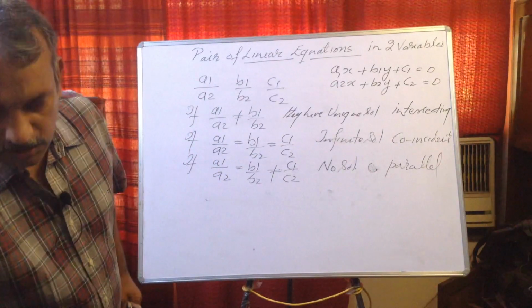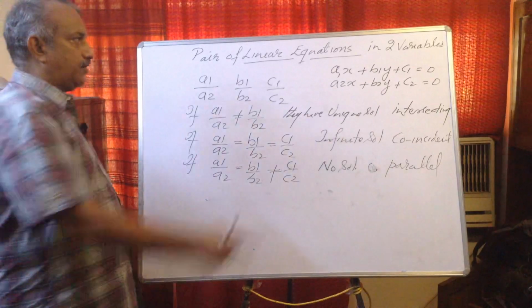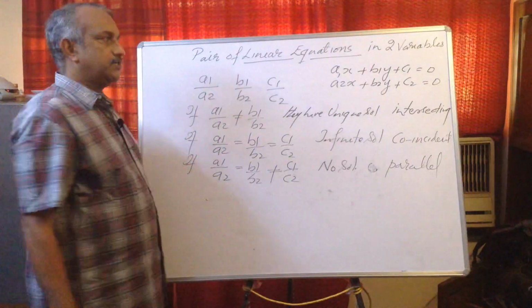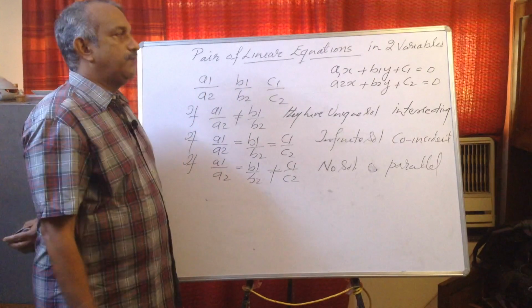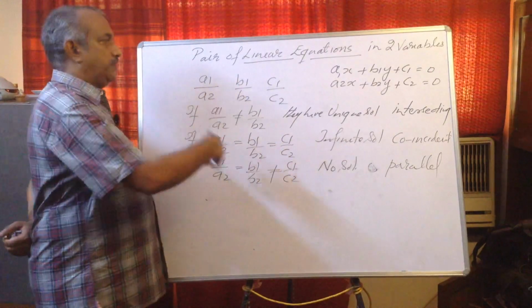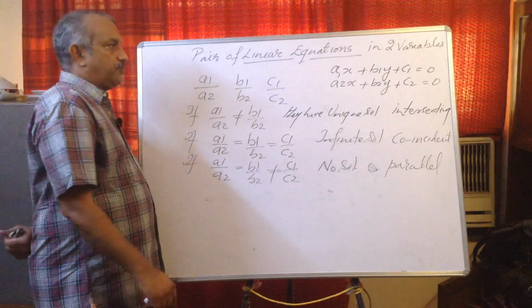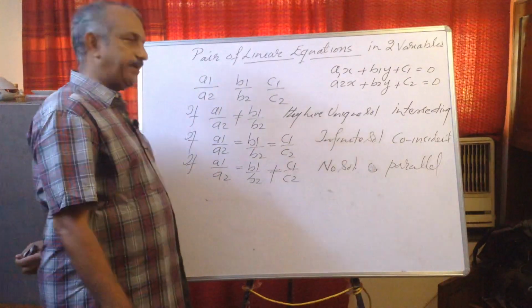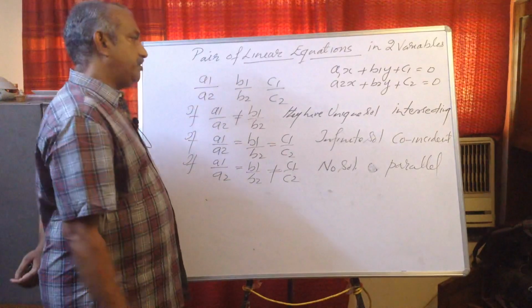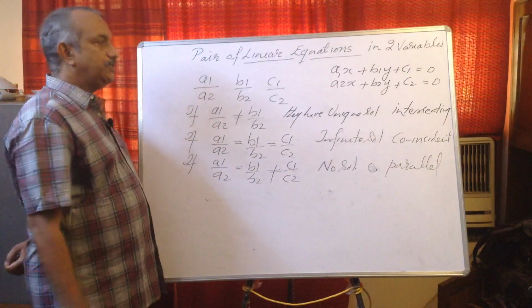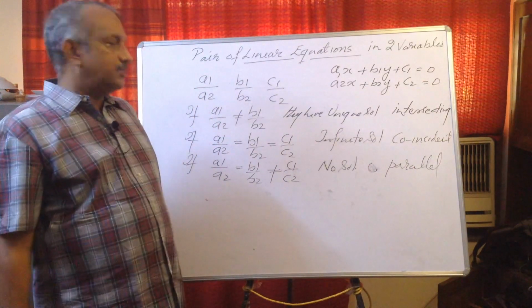First of all, the standard form of a pair of linear equations is a1x plus b1y plus c1 is equal to 0, a2x plus b2y plus c2 is equal to 0. Then find out a1 upon a2, b1 upon b2 and c1 upon c2. Compare. If a1 upon a2 is not equal to b1 upon b2, then they have a unique solution and the graphs will be intersecting.